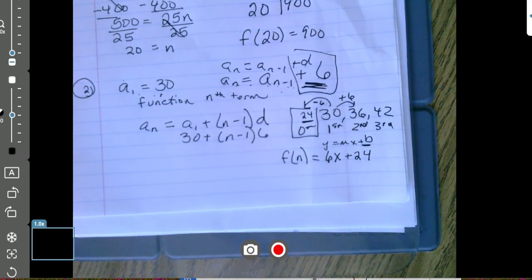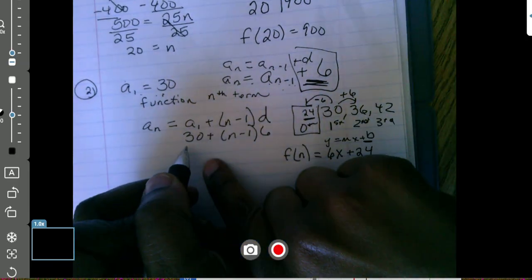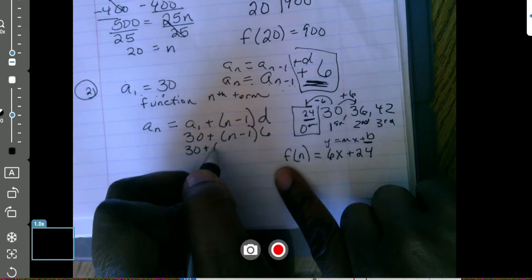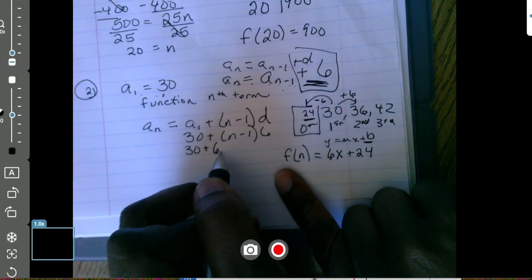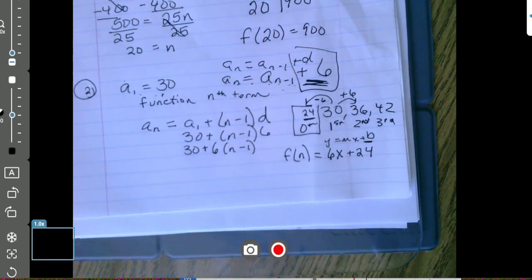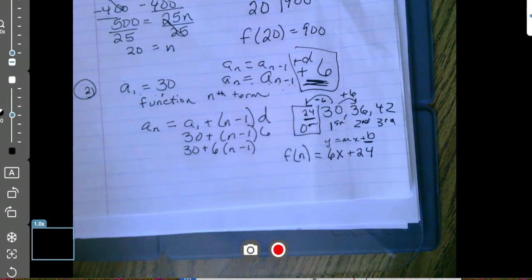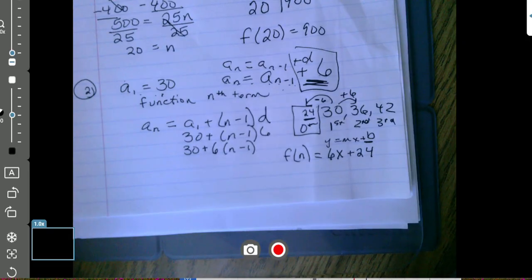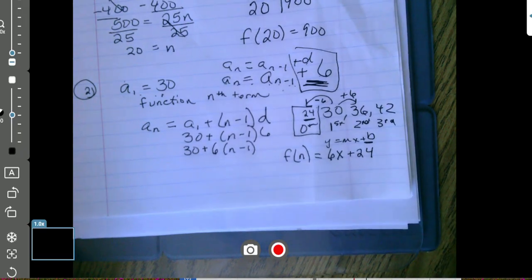Now, abracadabra, algebra just would not be fun if I did not show you the long way to get there. So you're going to take this one and you're going to clean it up. You're going to have 6 times n minus 1. Now, the only reason I put it in the front is because, I don't know, I'm old school. But remember I told y'all, if the 6 is negative, it needs to go in parentheses, especially if you're using decimals.